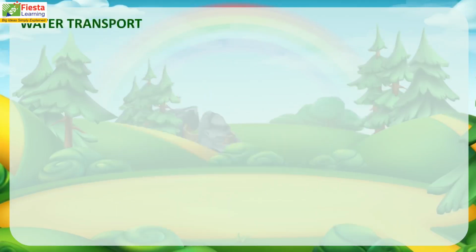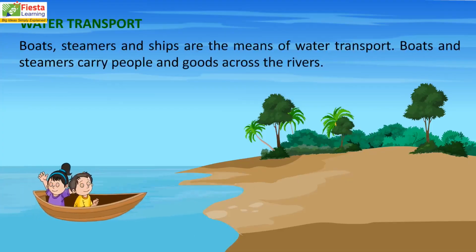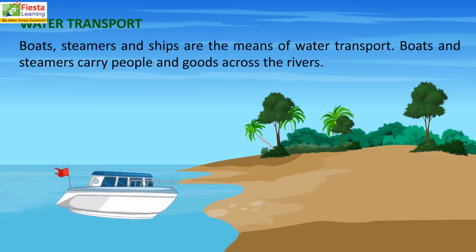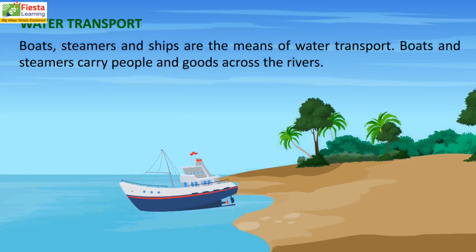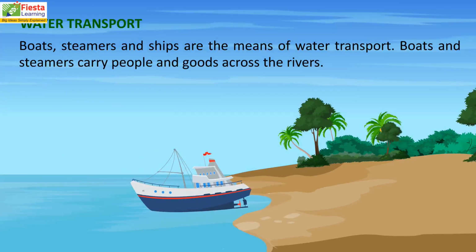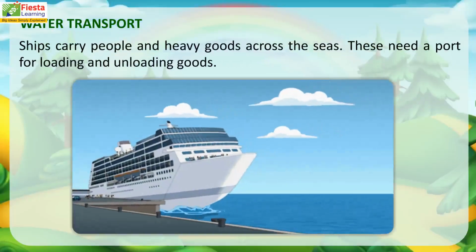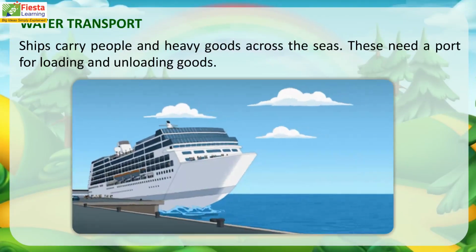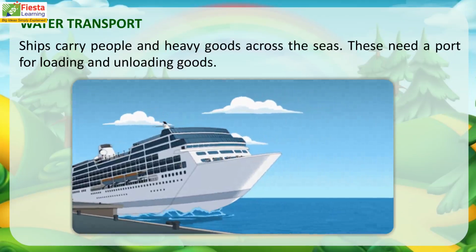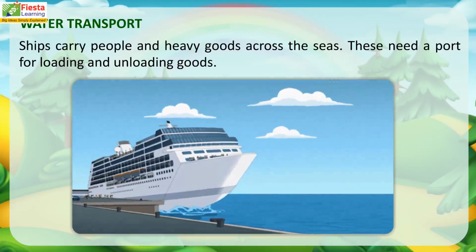Water transport. Boats, steamers, and ships are the means of water transport. Boats and steamers carry people and goods across the rivers. Ships carry people and heavy goods across the seas. These need a port for loading and unloading goods.